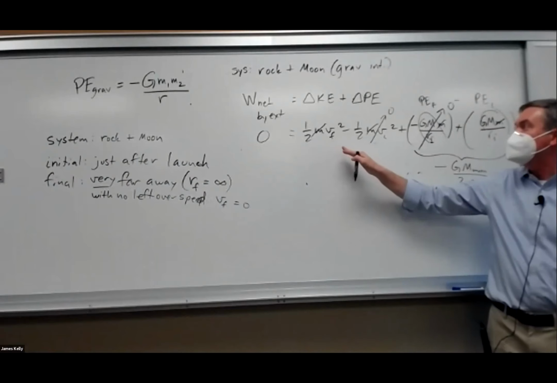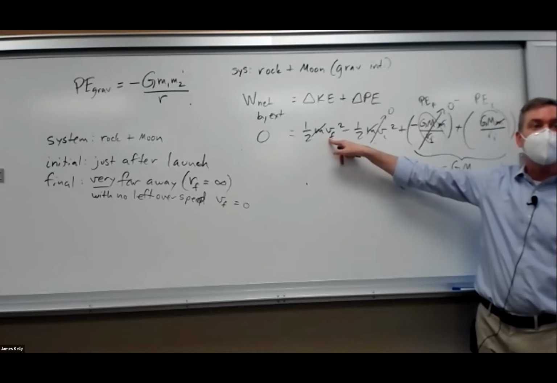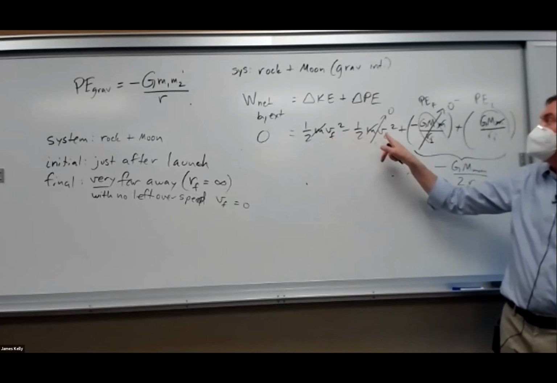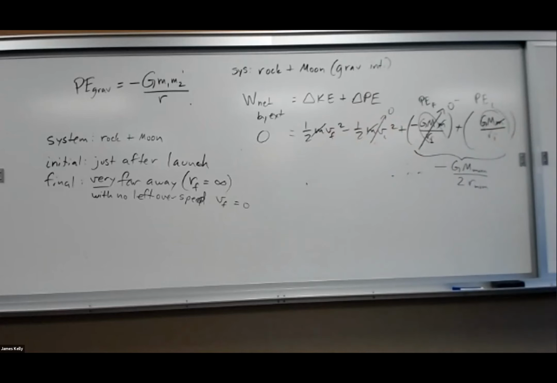And we're just going to find out V final will be zero. We want it to have no leftover kinetic energy when it's really far away. And we're after that V initial that corresponds to V final equals zero. So a little bit of arithmetic to do there, but I won't do it for you. The answer, if you're working it out, is 2,400 meters per second in that case.